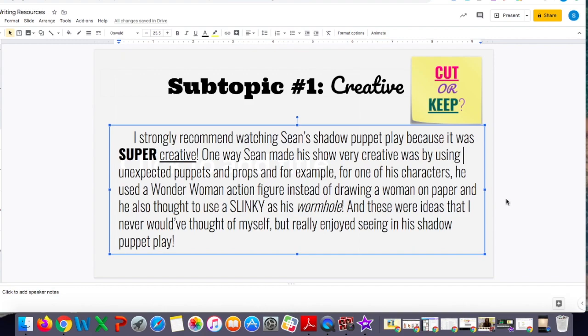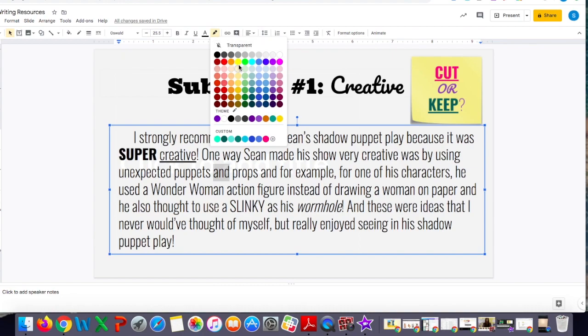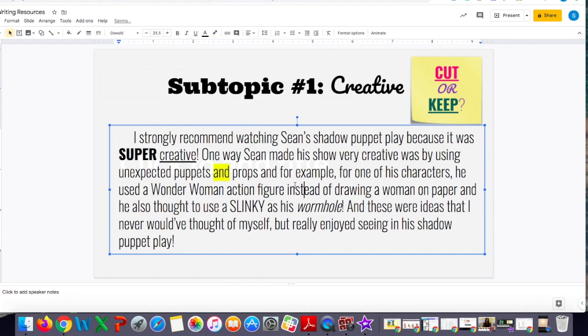I strongly recommend watching Sean's shadow puppet play because it was super creative. One way Sean made his show very creative was by using unexpected puppets and props. And, for example, for one of his characters, he used a Wonder Woman action figure instead of drawing a woman on paper.